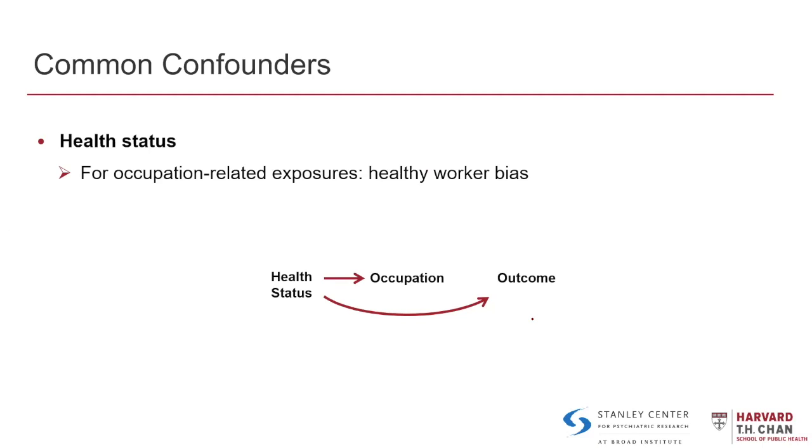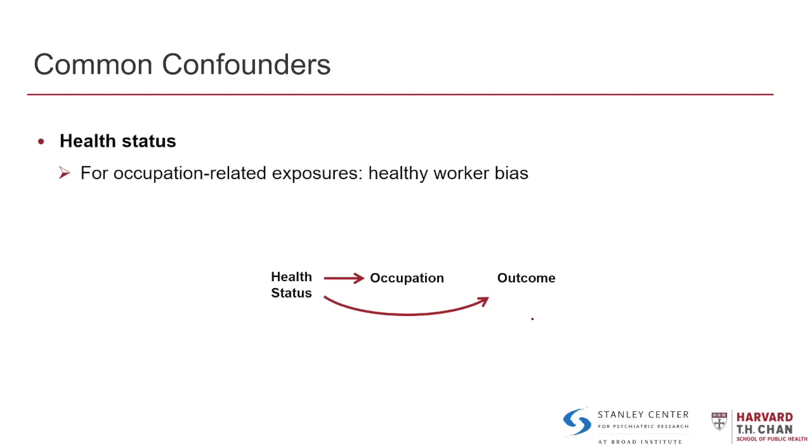There are other types of confounders that are oftentimes seen in the epidemiologic literature. We're not going to exhaustively look at them; I'm just going to talk about a handful of those. The first one is health status, which in epidemiologic studies of occupational exposures we call healthy worker bias.